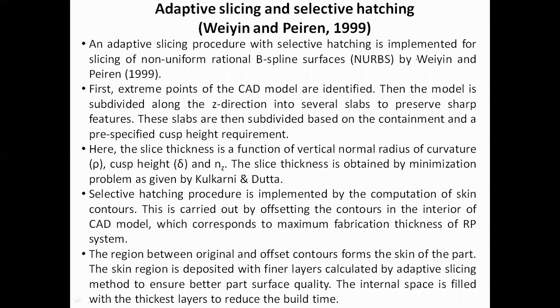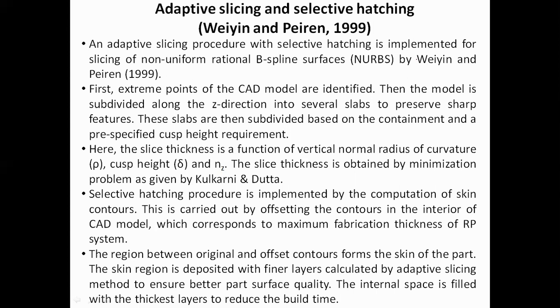So what you said was that for any given CAD model, the value of delta that I'm going to accept is 1 or below. That is the precondition that you have already set. Now, you simply divided the whole CAD model into a number of slabs across the z-axis. Then using the slice thickness formulation of Kulkarni and Datta, you analyze the slice thickness of each and every section.